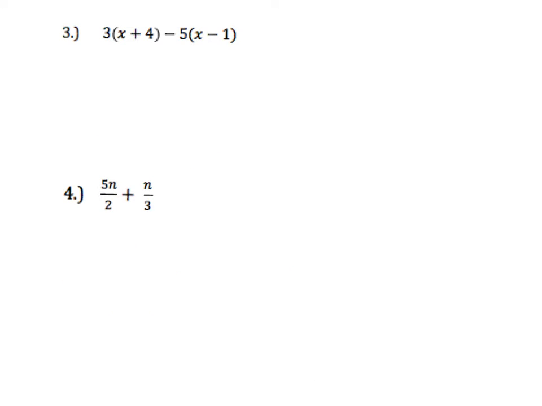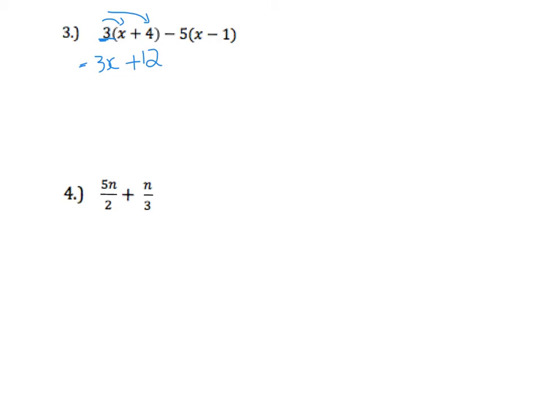In example 3, we look at brackets. It's important to remember that the sign between the 3 and the bracket is multiplication. So the 3 needs to be multiplied with every term inside that bracket. 3 times x is 3x, 3 times 4 is 12.